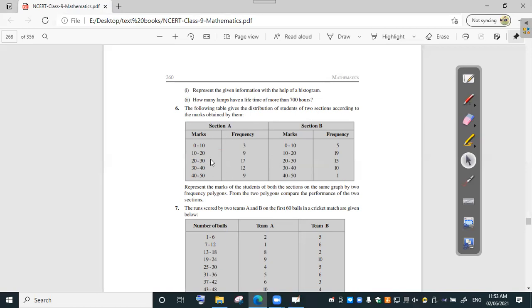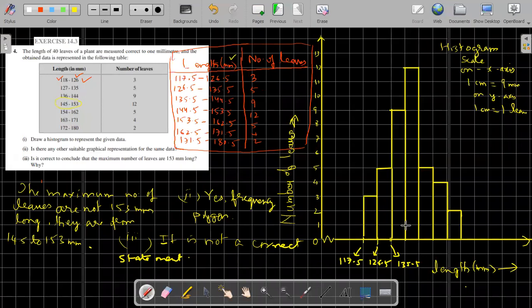We can do this one, and then we can draw the frequency polygon. But let me tell you what a frequency polygon is. You don't have to draw it here, but I am telling you how to draw it. Generally there are two ways. One way is to draw the histogram, and then join the midpoints of the tops of the bars.